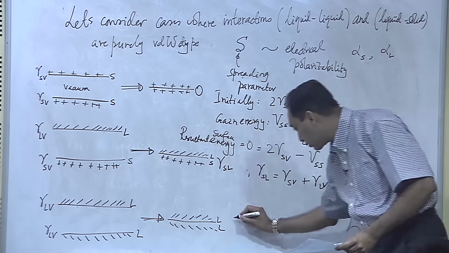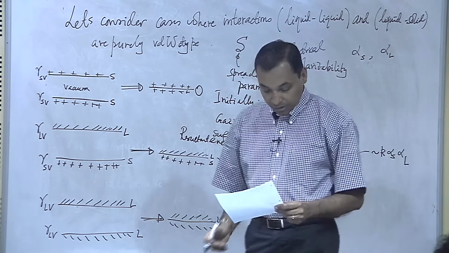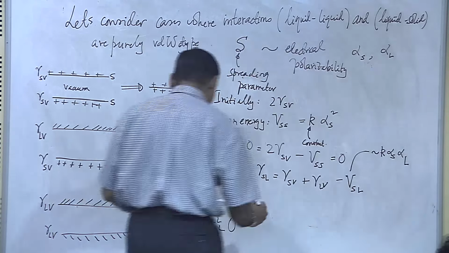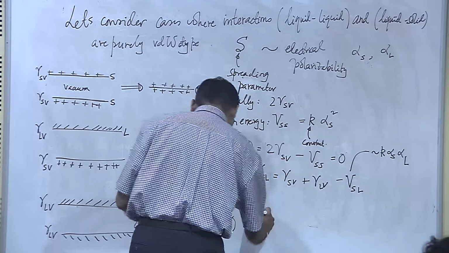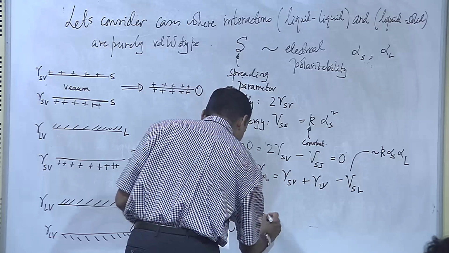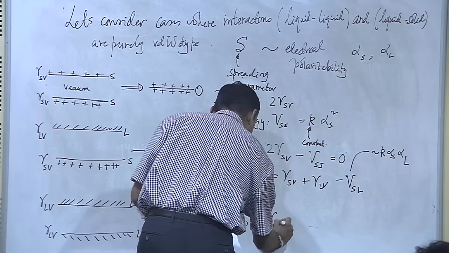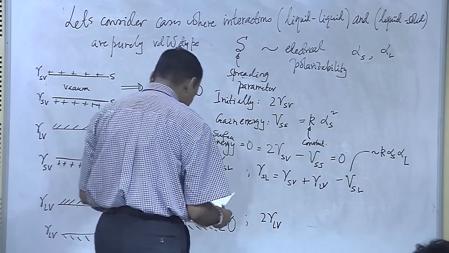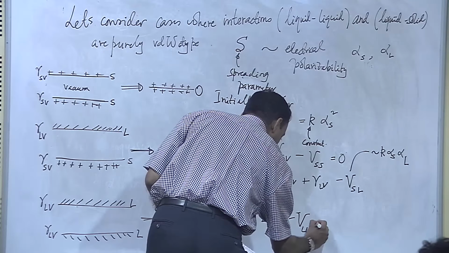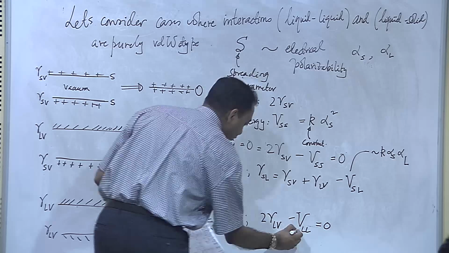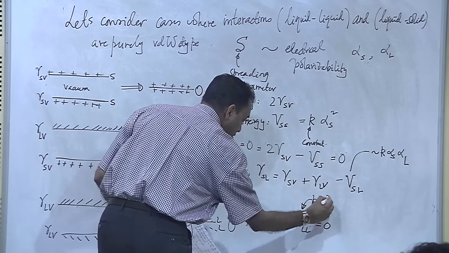Should be again the 0, resultant surface energy. So, in this case again I can say that the 2 gamma LV, 2 gamma LV, these are initial energies, minus the van der Waal liquid-liquid, which in this case will be K times alpha liquid square.